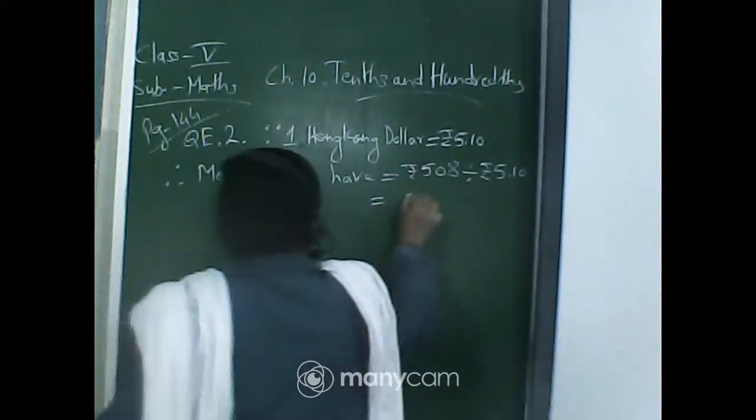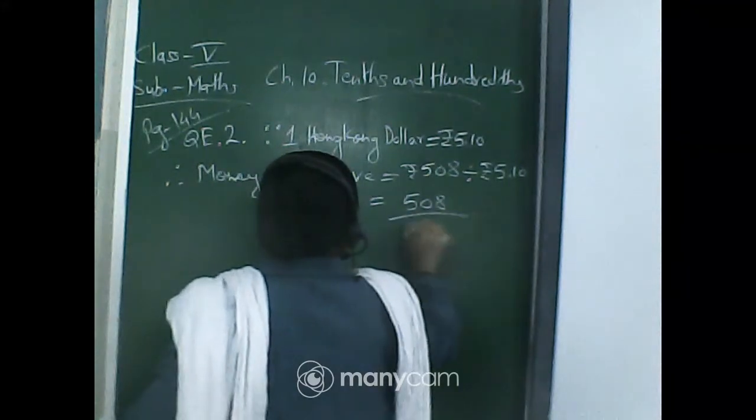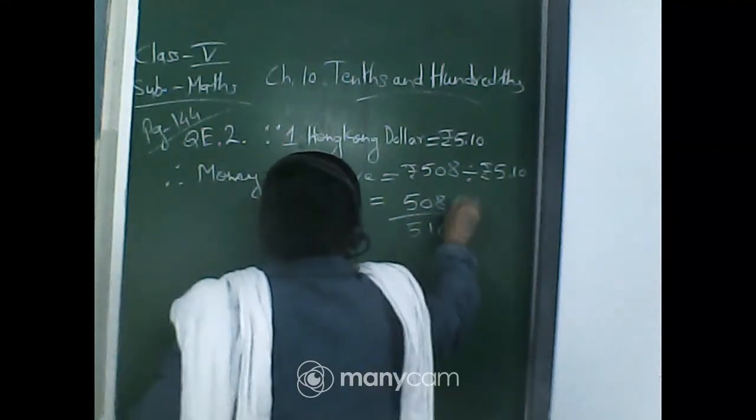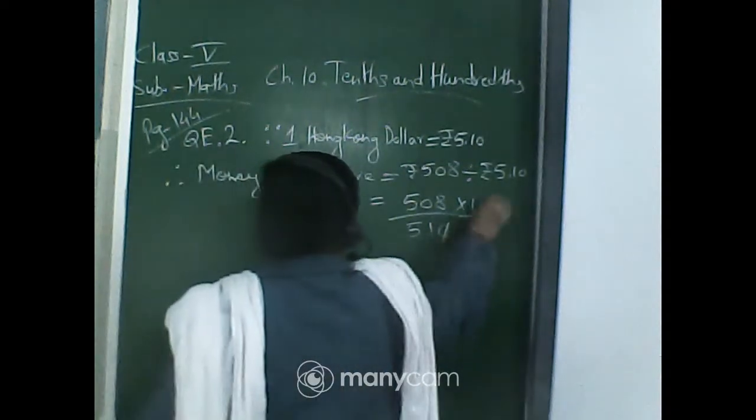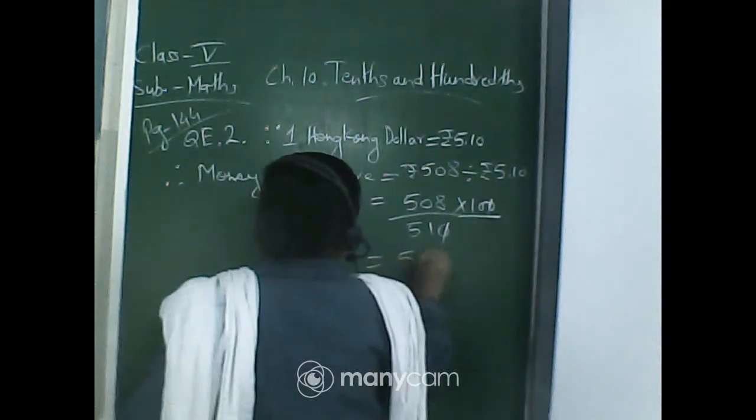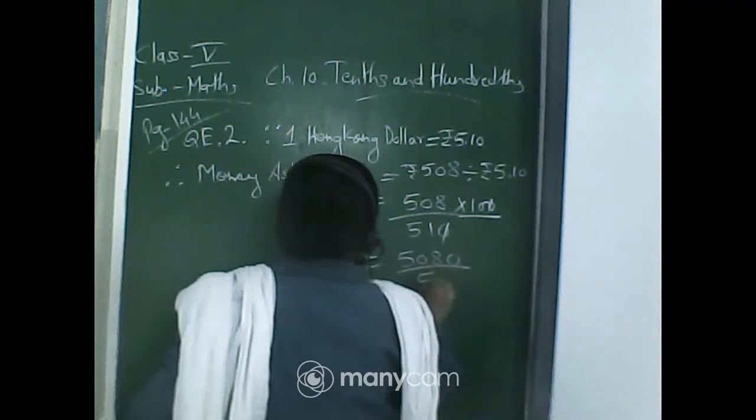That means 508 divided by 5.10. The decimal is removed, 0 and 0 cancel, so it is 5080 divided by 51.